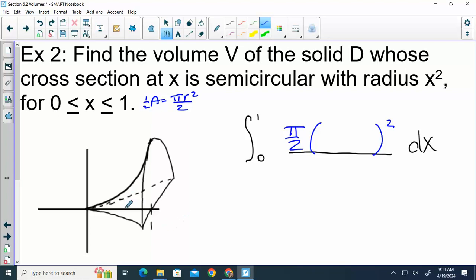So think about if we sliced it. I'm looking at this. The radius is going to be the distance from the x-axis to the edge of our circle, right? And I'm looking at it here. It goes all the way up to here. What is the radius going to end at?